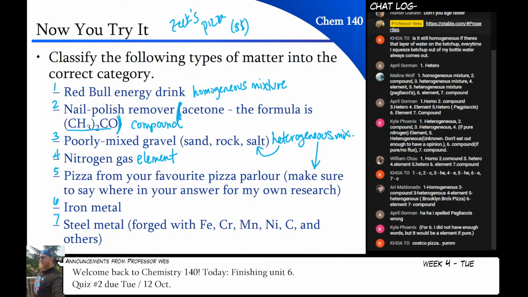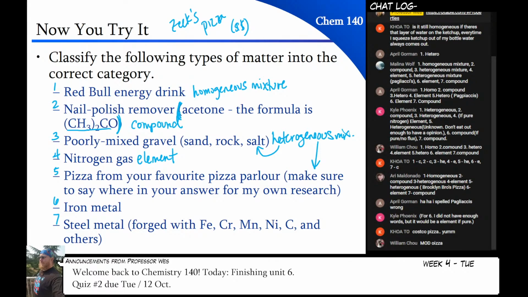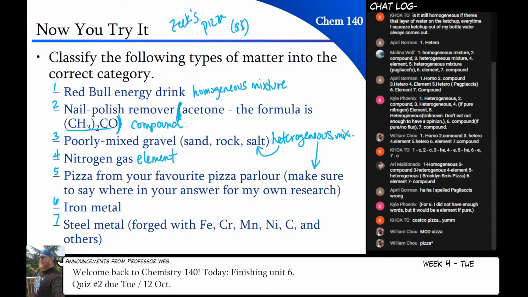I get the Dragon, which is pepperoni, sausage, and jalapeno. And a bunch of garlic. And it's so good. Mod Pizza is good for fast food pizza. It's cheaper pizza, but it's good for the price. But I mean, I will never turn down Zeke's Pizza. So that's my recommendation for you.